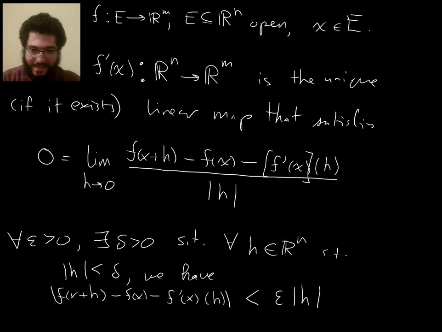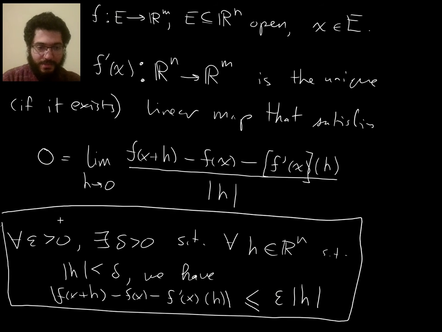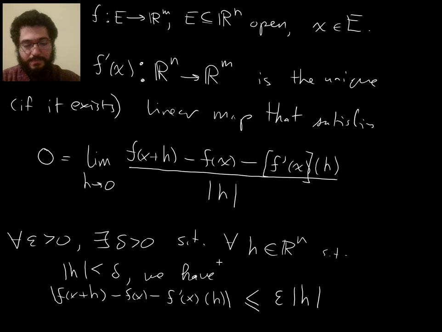Well, okay. Slight correction needs to be made. This should be less than or equal to. But whether you make this a less than or equal to, you wind up with the same overall for all epsilon definition. They're equivalent.